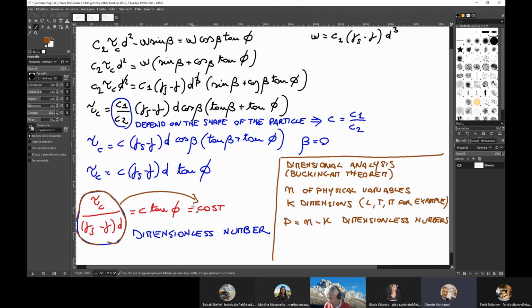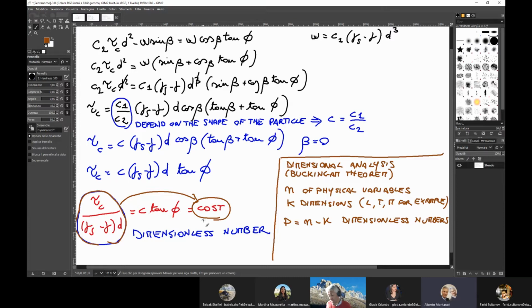Now, if I then look at the Buckingham theorem, what I can say more with respect to what I already achieved is that actually this constant, I can express it in terms of a dimensionless number.